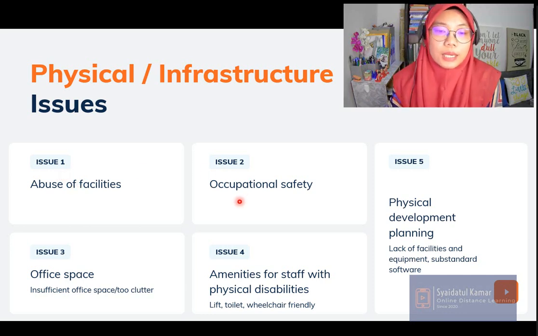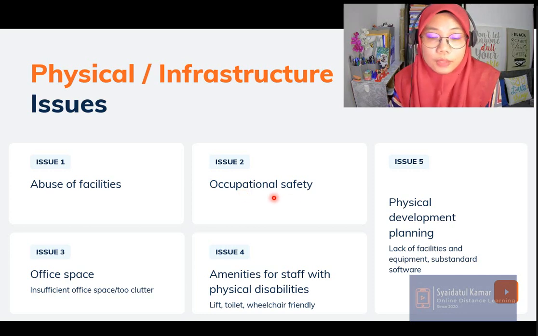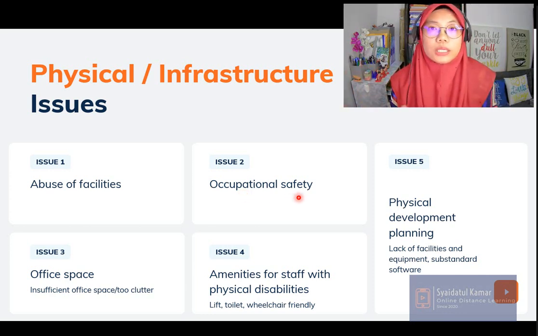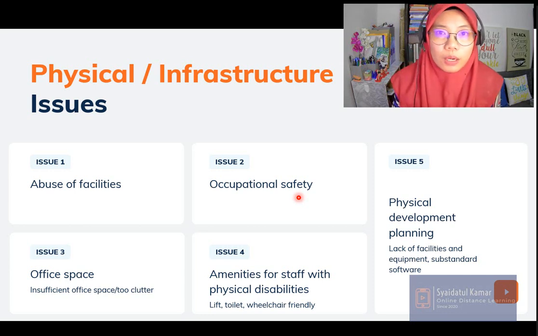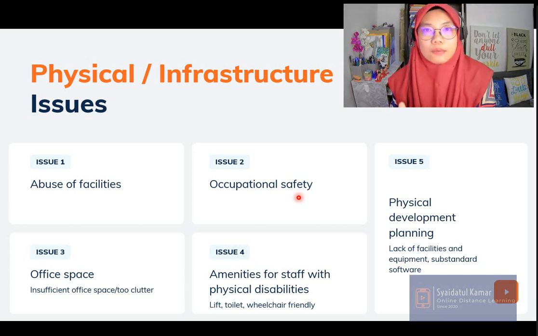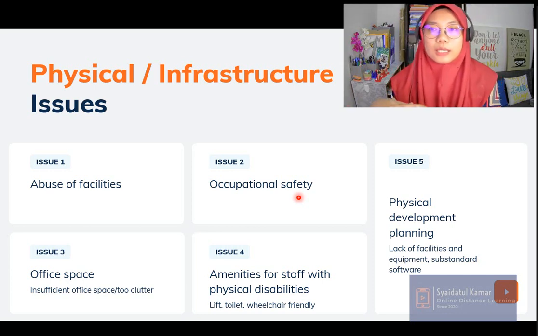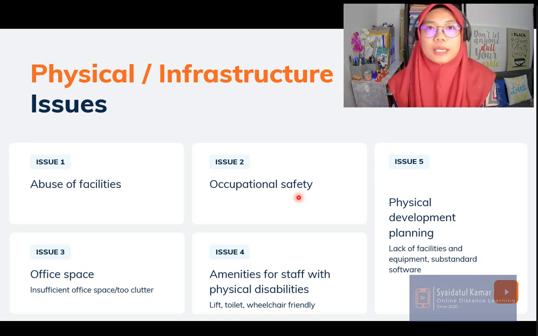Alright. Next is occupational safety. Is the building, the office where you work, safe for you in case a fire breaks out? Is there a lift, is it working? Are there any emergency stairs for you to use?